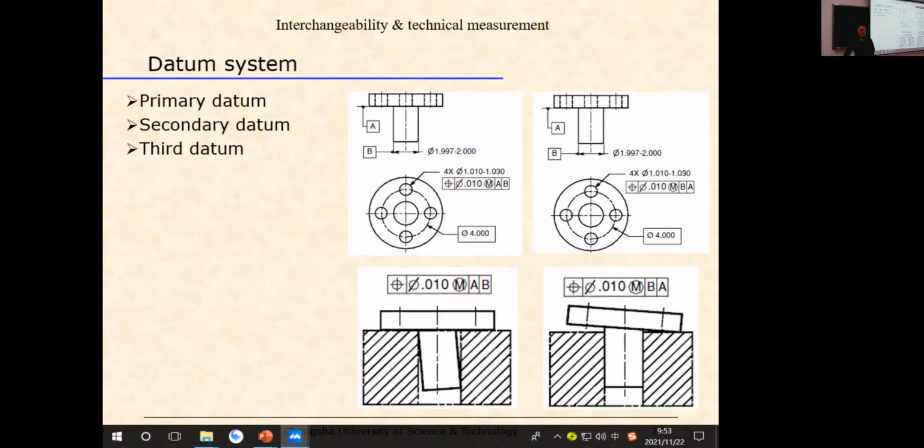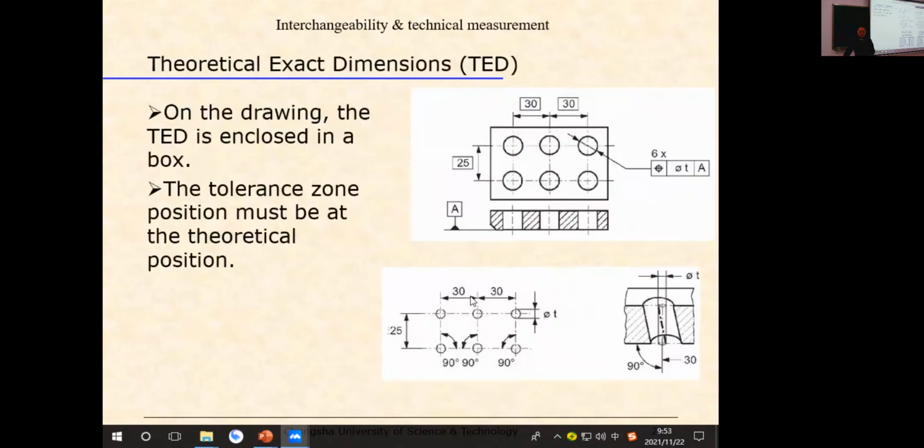That is the tolerance per simple. Most of the tolerance per simple means independently per simple. It means that there's no relationship between A and B. So they are independent.